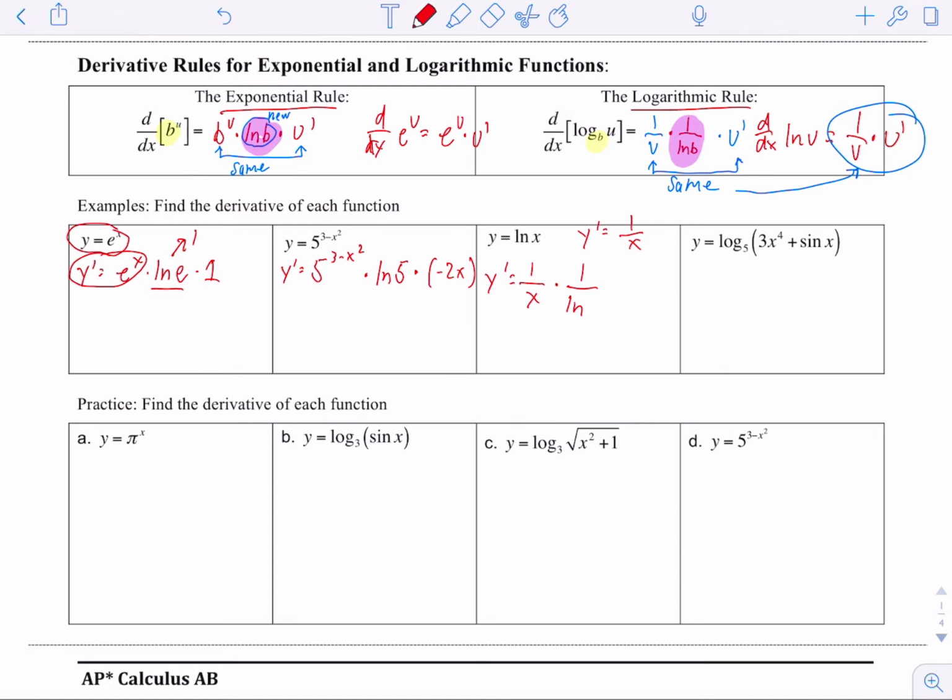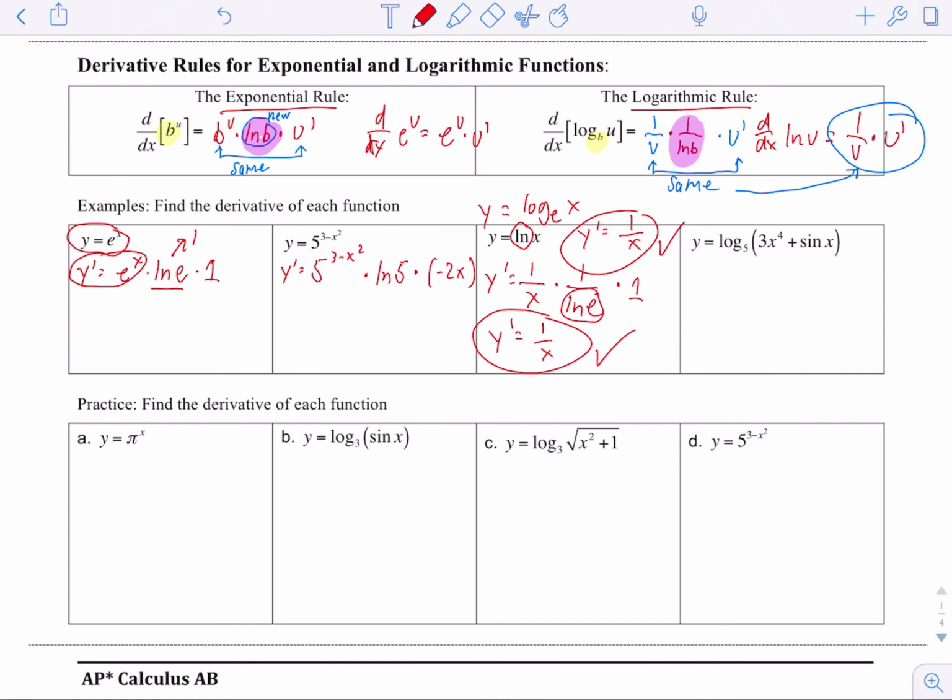Now, do you remember what the base for a natural log is? We can rewrite this as log base e of x. So this is going to be 1 over the natural log of e times the chain rule, which is just 1. And we know that is equal to 1 again. So again, y prime equals 1 over x, and this works out.